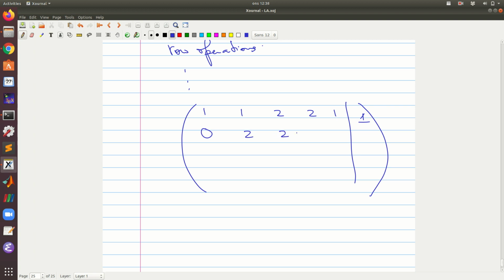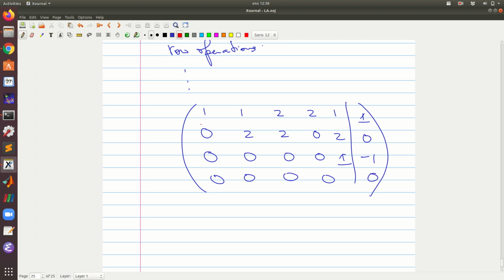We will just write down its row echelon form, not the reduced form, because either way this can also work. This is 0, 0, 0, 0, 1, and then we have -1, and then we have 0, 0, 0, 0, 0.